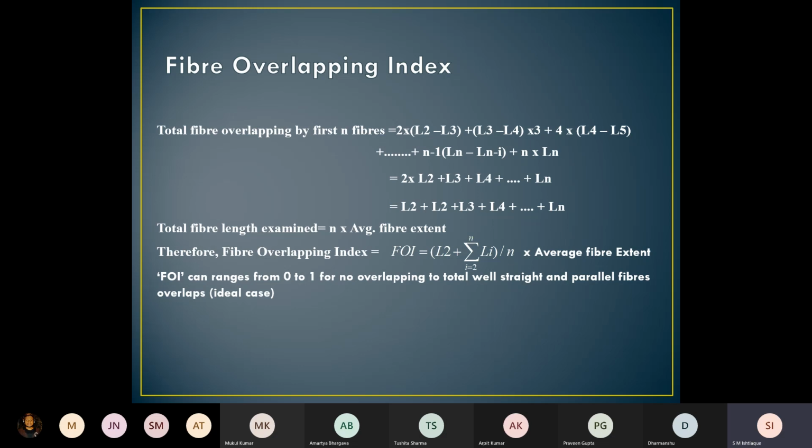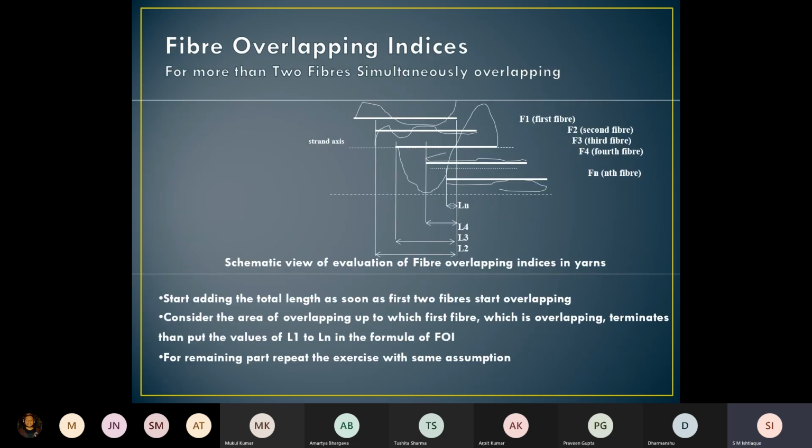Now we can calculate the total fiber length estimated. That is n into the average fiber extent. What is my fiber extent? We have already defined it in the individual case: for the first fiber, my fiber extent is this much.